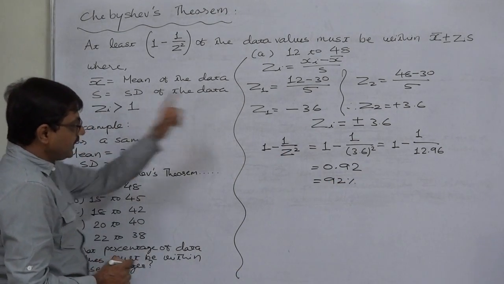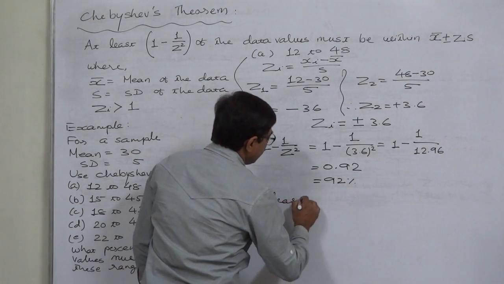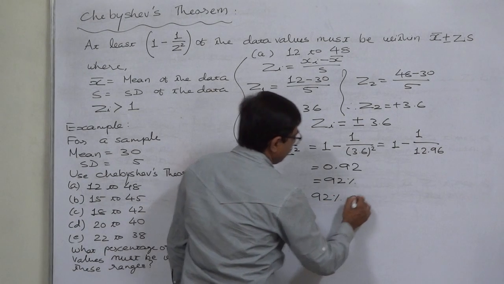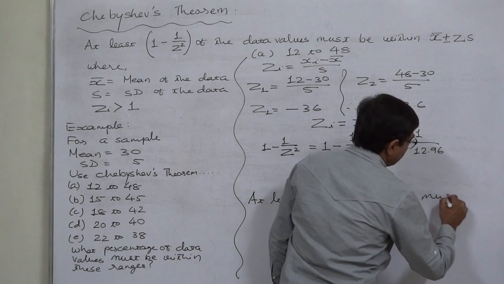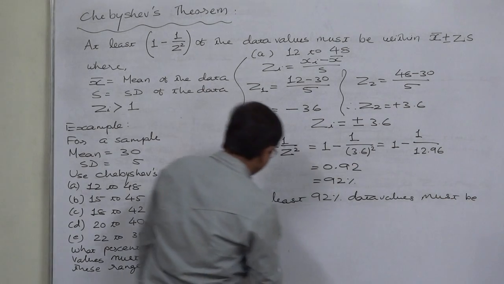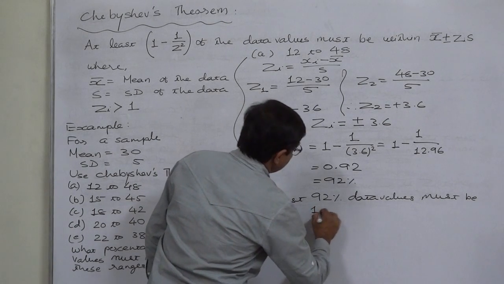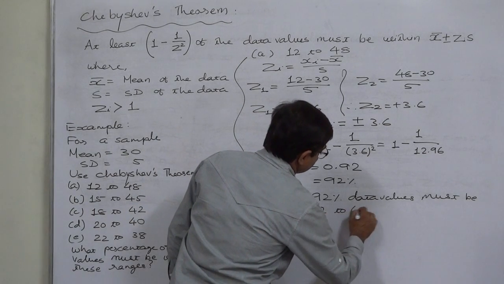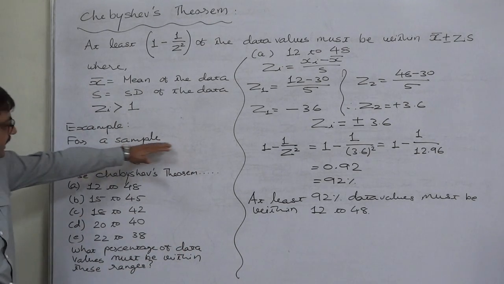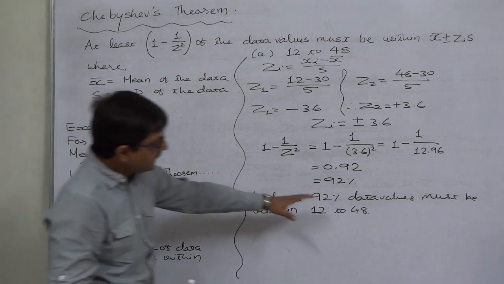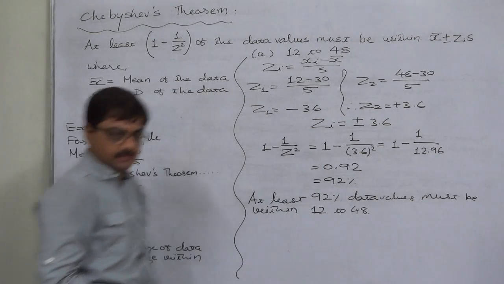So the interpretation is at least 92% data values must be within 12 to 48. For this particular sample data, at least 92% data values must be within 12 and 48.